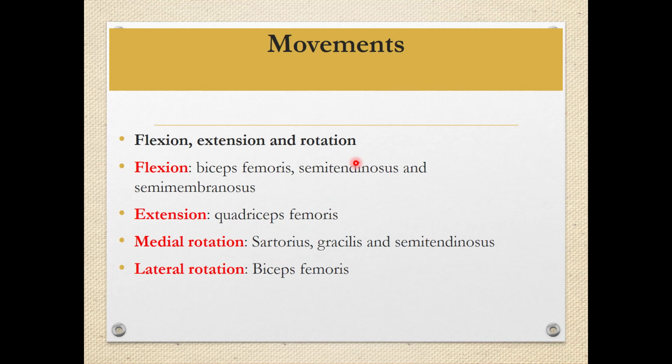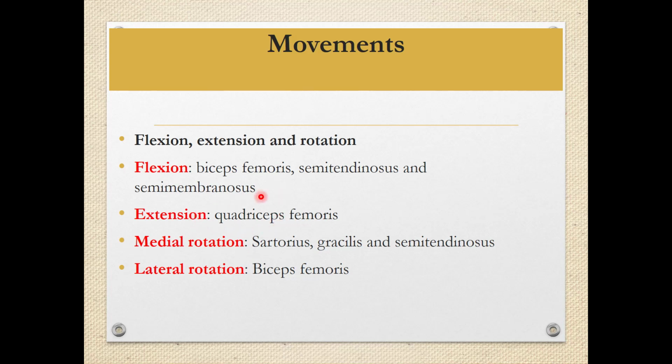Now the movements of the knee joint, there are 3 types of movements. Number 1 is flexion, number 2 is extension and there is rotation. Flexion of the knee joint will be caused by the biceps femoris, semitendinosus and semimembranosus muscles, which are the muscles of the posterior compartment of the thigh. Because they are flexors, they will do flexion of the knee joint.